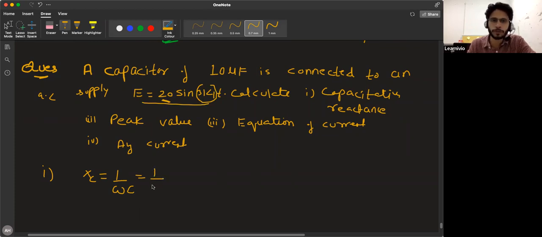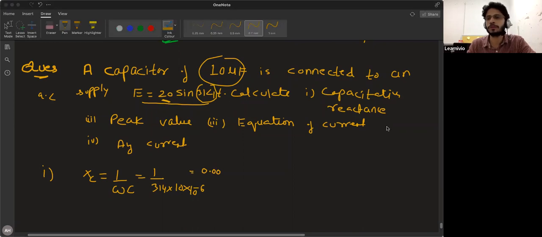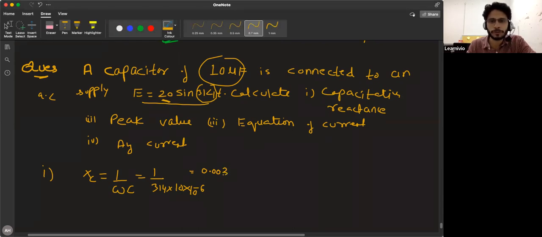So it's 1 by 314. And how much is C? C is here 10 microfarad, so it's 10 into 10 raised to the power minus 6. 1 by 314, let me divide it. 1 divided by 314 is 0.0031.